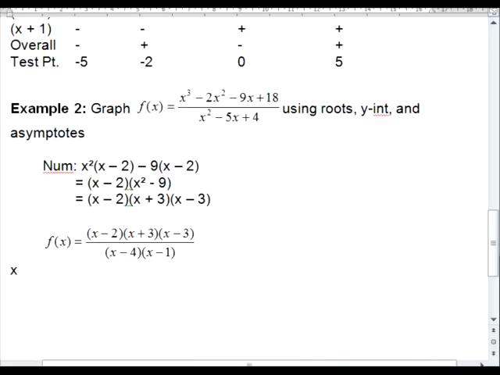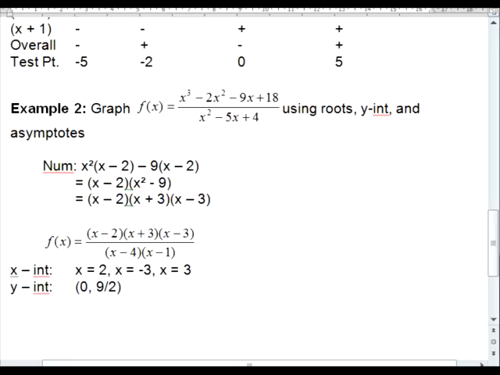Let's start with my x-intercepts. That's going to be the roots of the numerator. So x equals 2, x equals negative 3, and x equals 3. My y-intercept looks like it's going to be 18 over 4, which is 9 over 2.